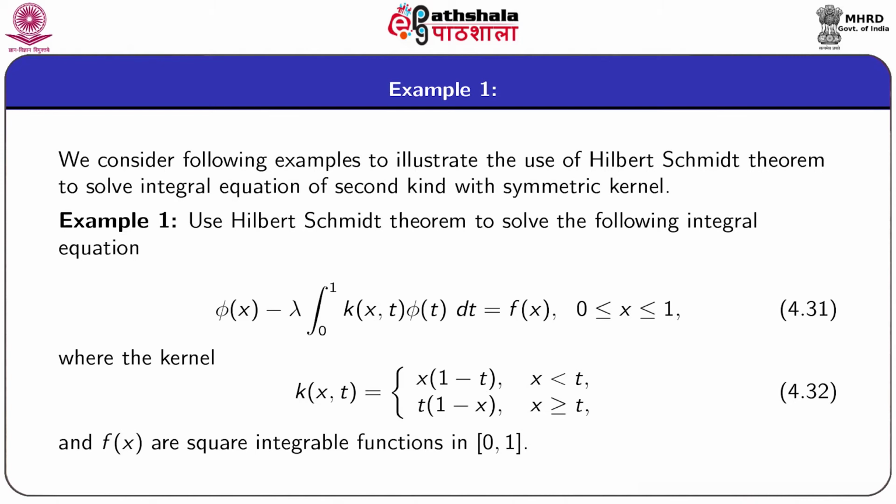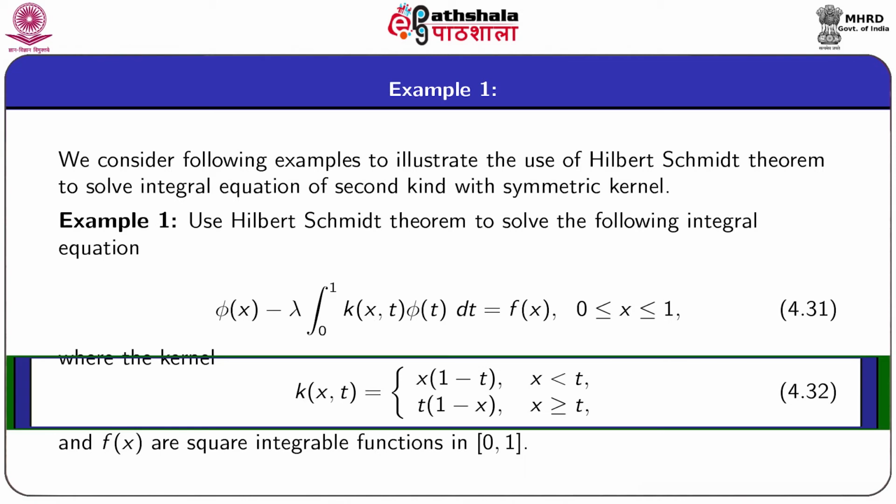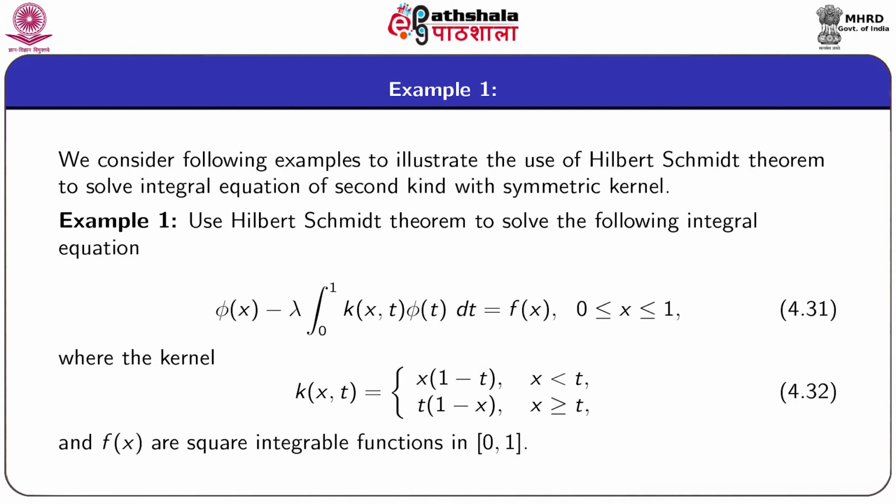Use the Hilbert-Schmidt theorem to solve the following integral equation given by equation 4.31, where the kernel is given by K(x,t) equal to x into (1 minus t) for x less than t, and t into (1 minus x) for x greater than or equal to t, as given by equation 4.32.